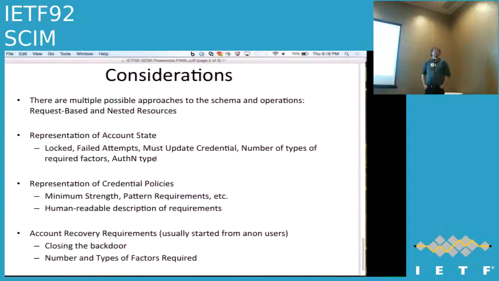So what is that federated authentication assertion that the SaaS is supposed to expect that's going to be tied to that account? There isn't an obvious way of doing that at the moment.